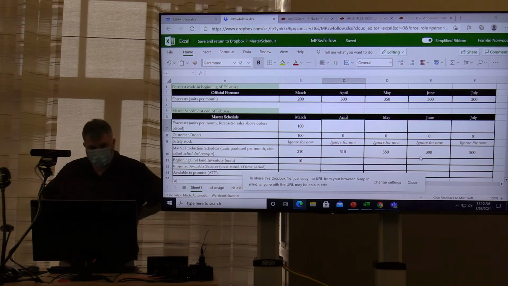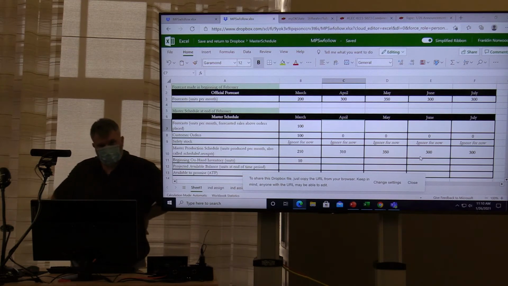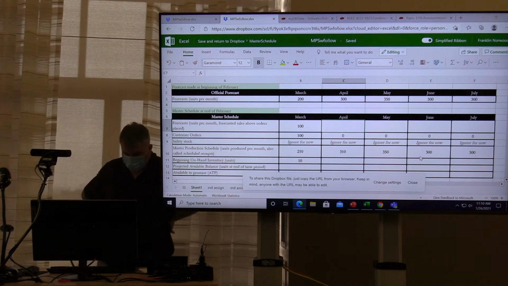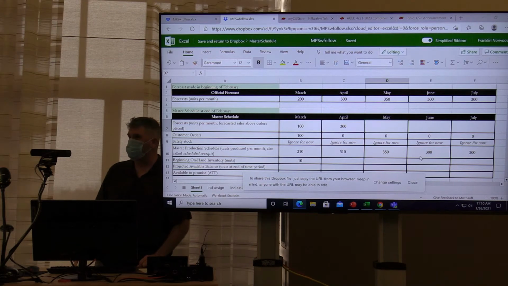For forecast above orders placed for April, what number do we think we want to put there, Ethan? 300. Did you get that by going 300 minus 0? Yeah. I told you math was a prerequisite for this class, and now you're seeing it, right?